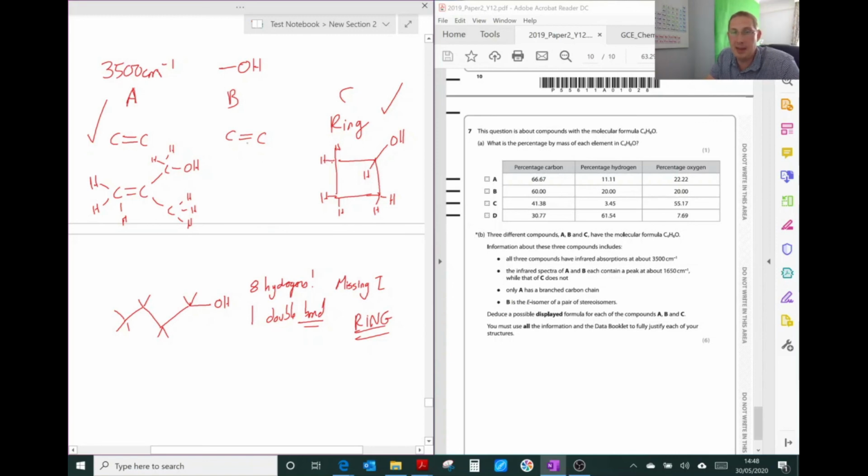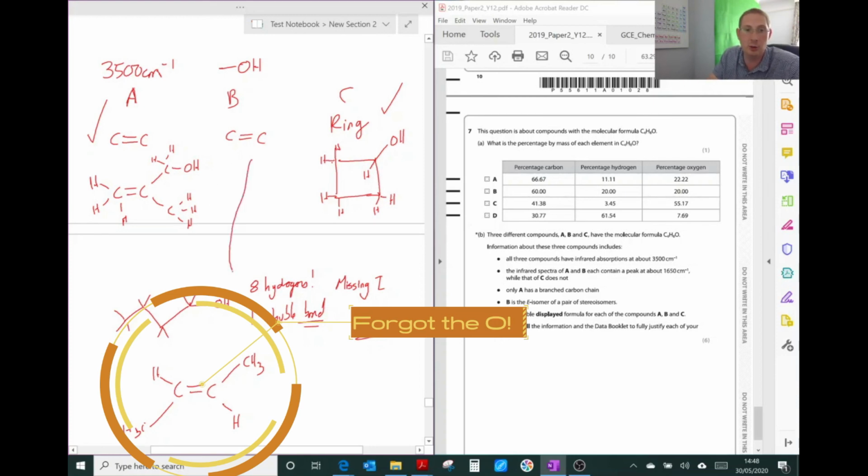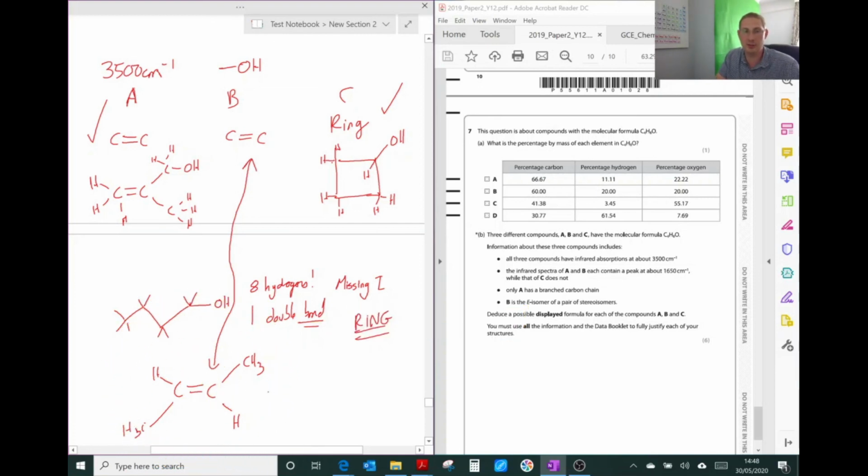And finally, B, we're told that there is an E isomer of a pair of stereoisomers. So what can that mean? Well, E means on opposite sides, doesn't it? E is a cross, so CH3 here, H3C here, hydrogen, hydrogen, and again that fits with all the data for B. Are there other options?